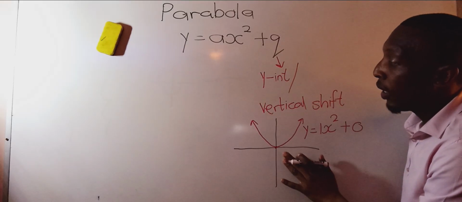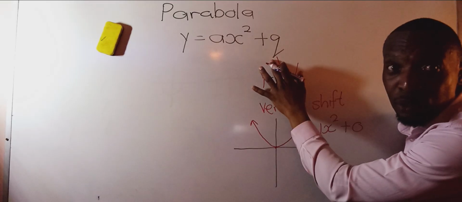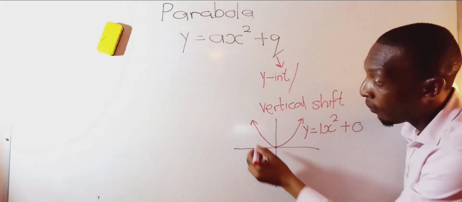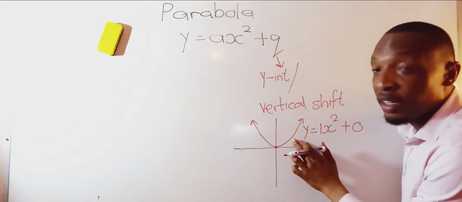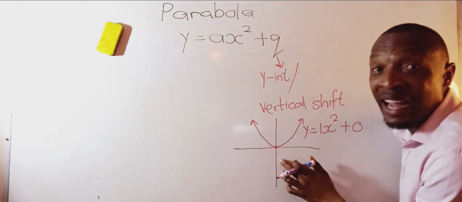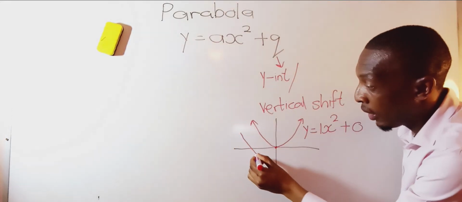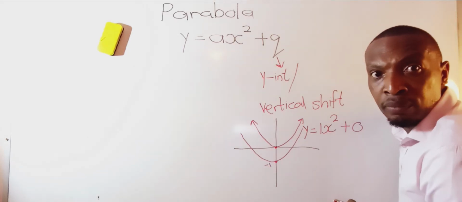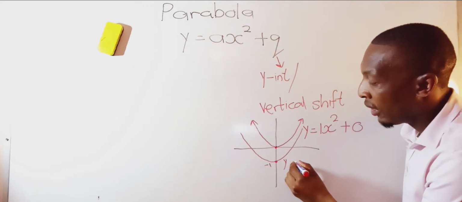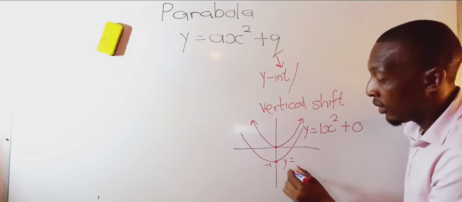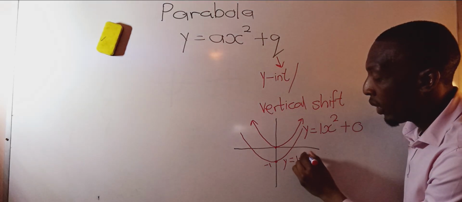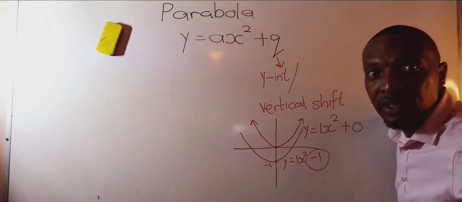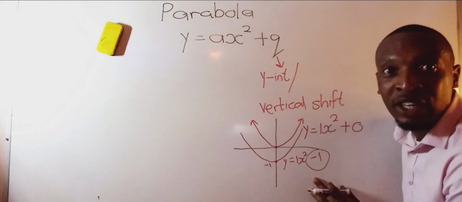Now, if my q is not 0, for example, if my q is -1, it just means that this graph has shifted down 1 unit. The equation of this graph is now y = 1x² - 1. So this minus 1 is the vertical shift. It tells me that this graph shifted down 1 unit.